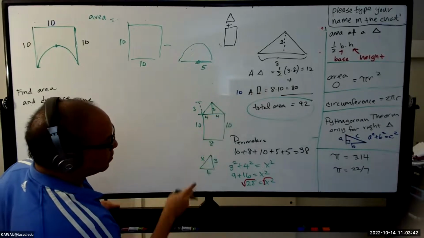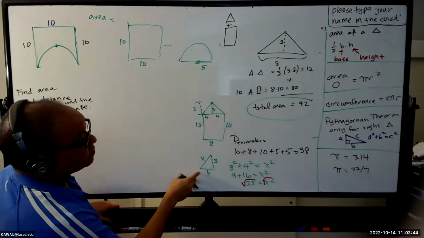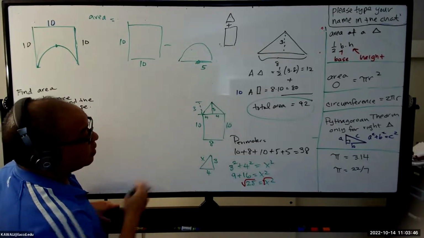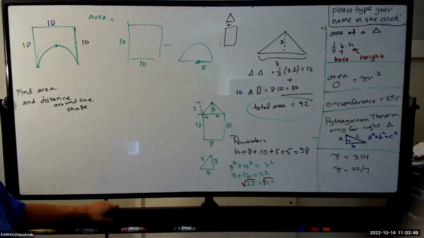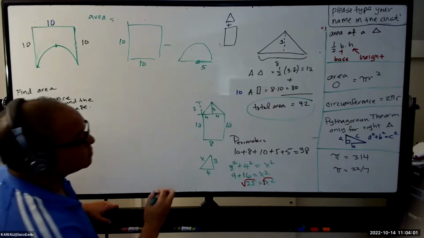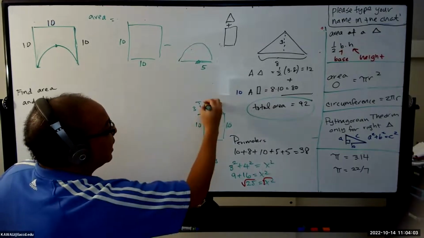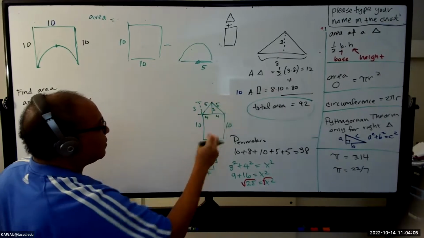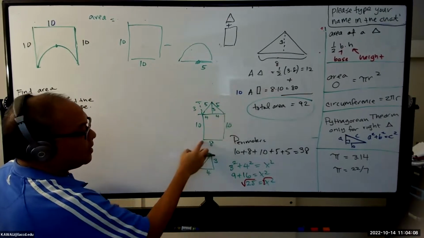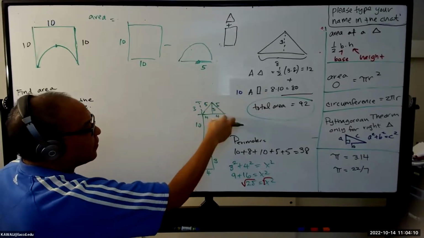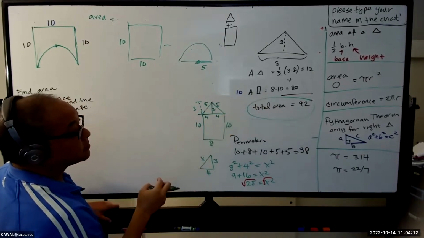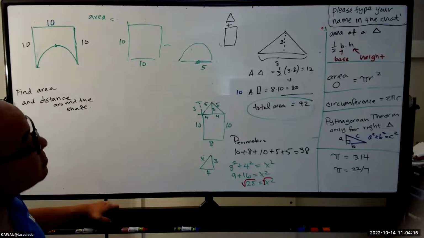So now I have this right triangle with 4 and 3, so that side is 5. We got another side that is 5. So 10, 8, 10, 5, 5. But I didn't get this one, Professor. I'm confused here.